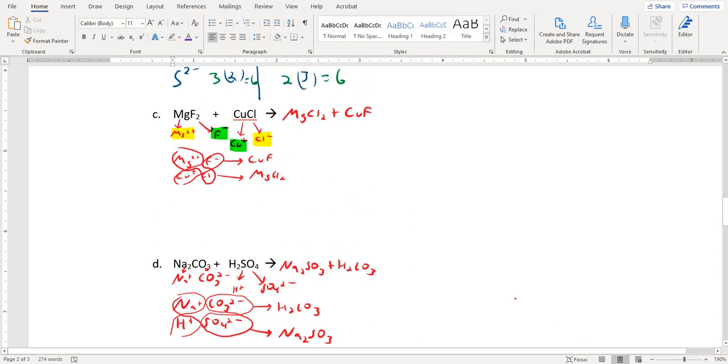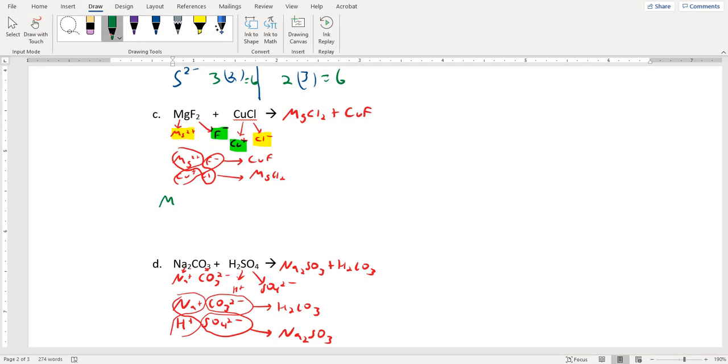Let's do the next one. Again, breaking it up by ions. So magnesium 2 plus, fluoride minus. There is, let's see, starting 1 for magnesium.